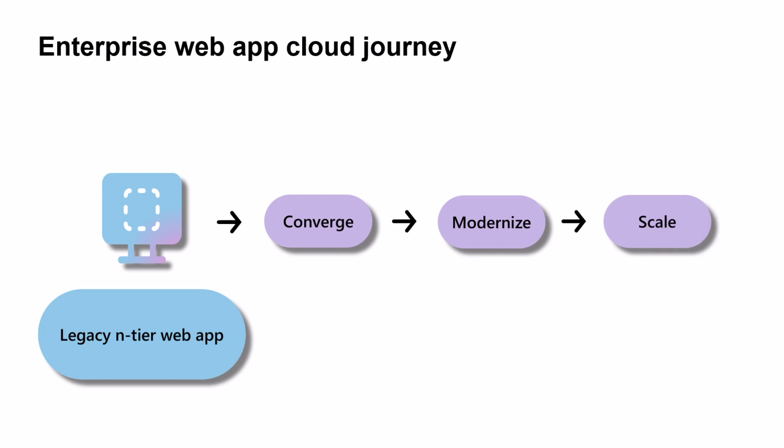So, to help our customers' enterprise web app cloud journey, we recommend customers follow prescriptive guidance and use reference architectures, as these are built from extensive experiences helping new customers avoid common mistakes with their legacy apps. We streamline their cloud migration with these reference architectures, and we ensure successful modernization and scaling of their web applications.